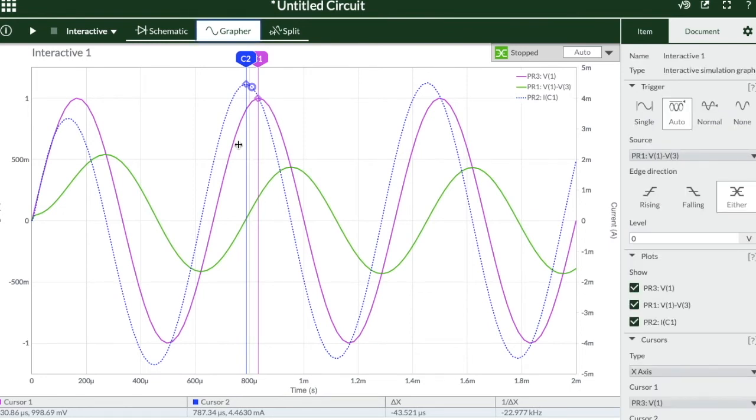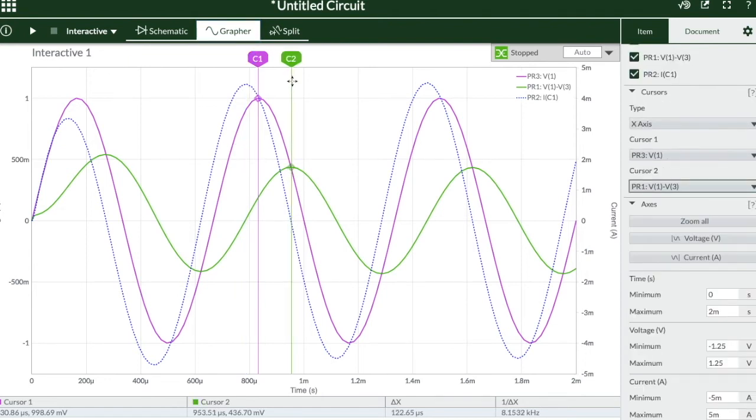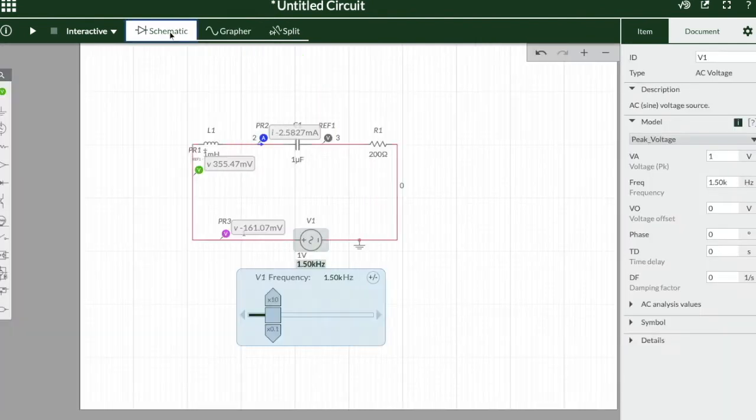When the phase difference between current and Vs is changing, is the phase difference between VLC and Vs also changing? Coming to the peak value of VLC, we can see that Vs is leading VLC and the phase difference in terms of time is 122.65 microseconds at a frequency of 1.5 kHz.